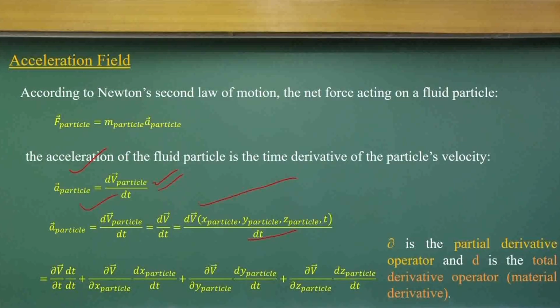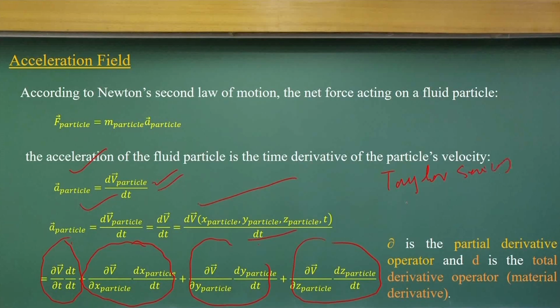Because of that, when you take the derivative with respect to time, you will have a local component, okay. You will have the x particle direction, y particle direction and z particle direction. This is nothing else, if you consider two variables, like I just discussed with the Taylor series, if you remember.